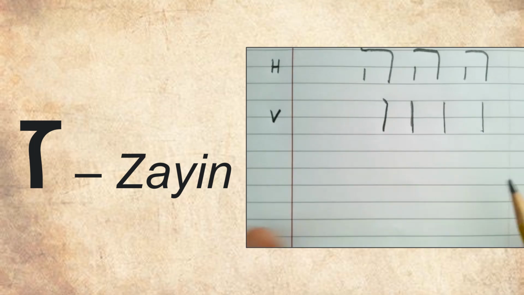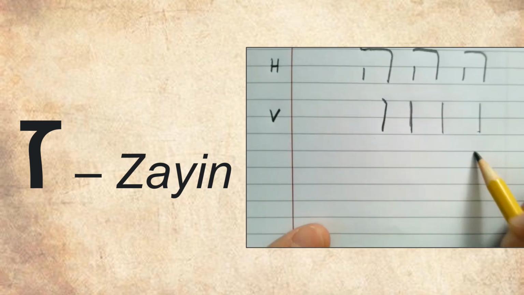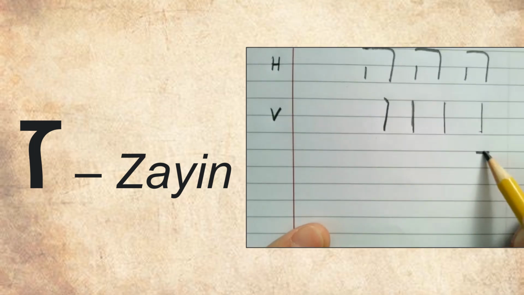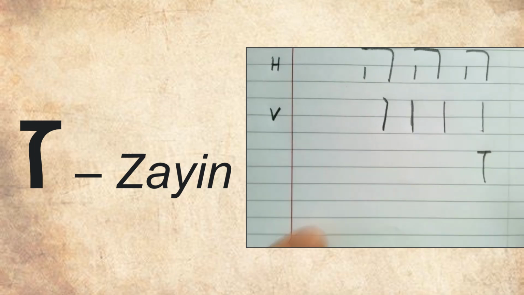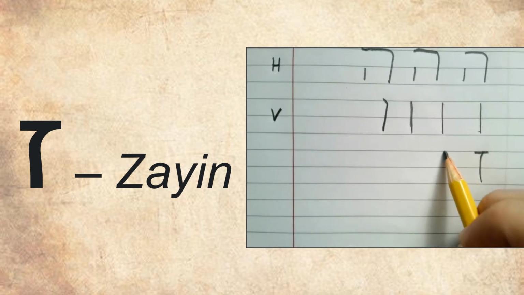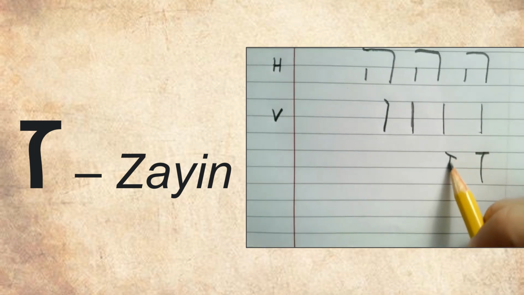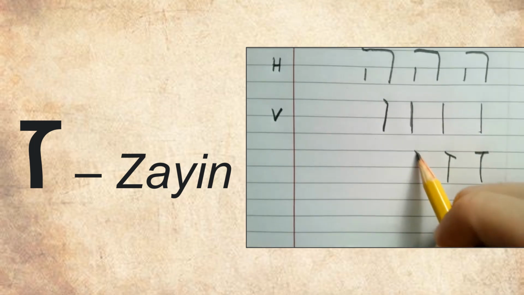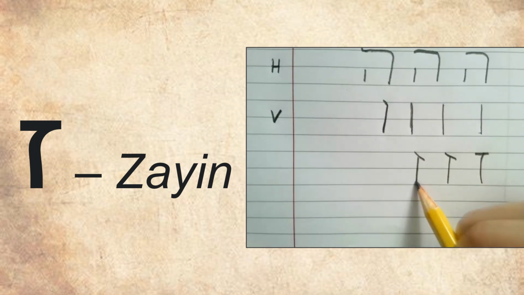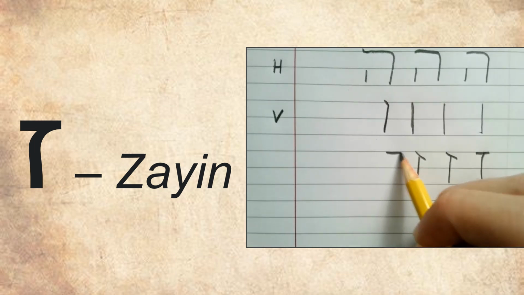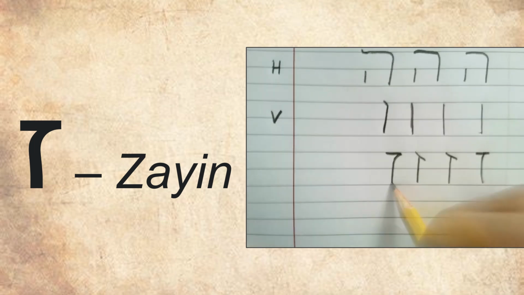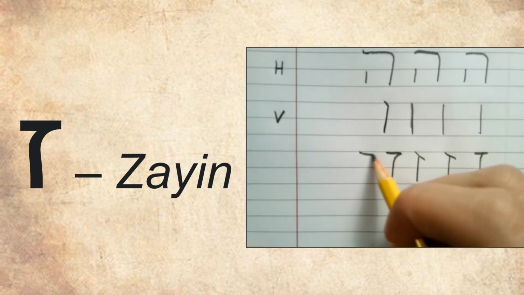Next, we have the letter Zayin, which kind of looks like a Vav, but it just has a little point at the top. Now, I got used to writing my Zayins like this, with a slanted head, but there are different forms. As you see the example there, these are all Zayins.